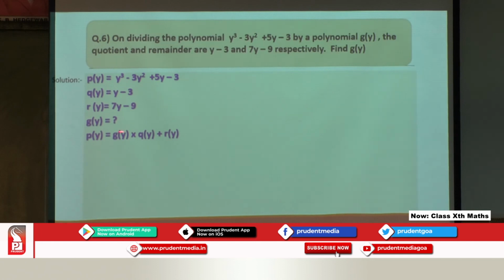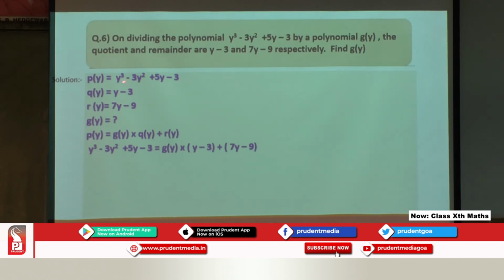See, this is the formula we usually use to find it. P of y is equal to g of y into q of y plus r of y. Here the variable we have taken is y. Now, next step, we should substitute all these given values in the formula.